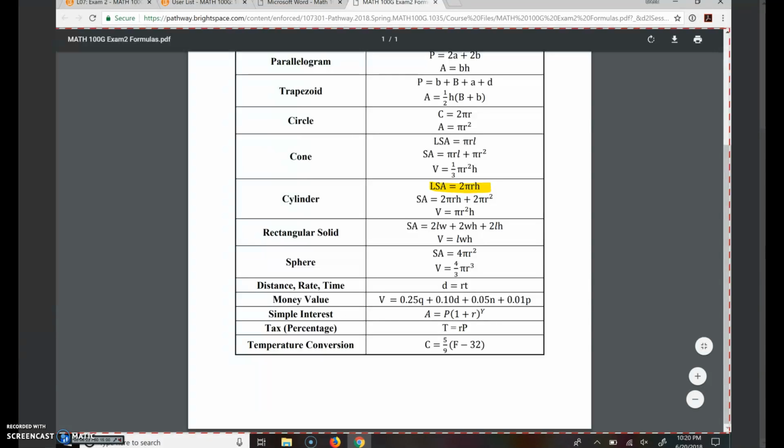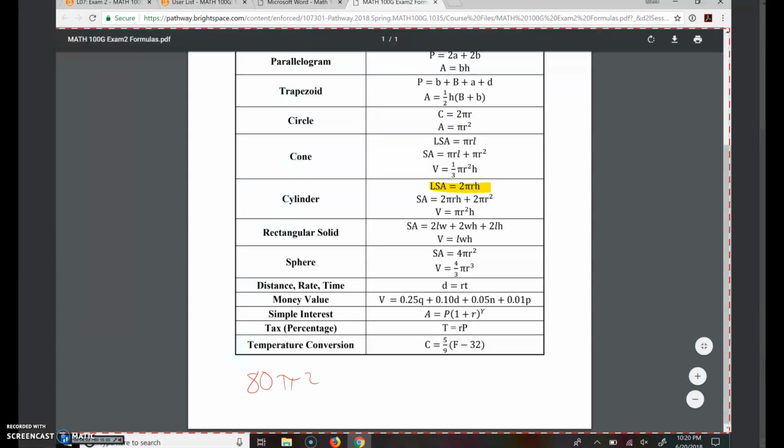Lateral surface area equals 2 pi times the radius times the height. And what it gave us in the problem is that the lateral surface area of the cylinder is 80 pi squared. So I'll write that down here, 80 pi squared.